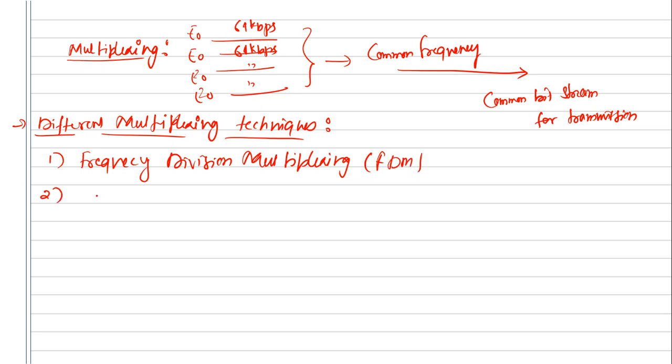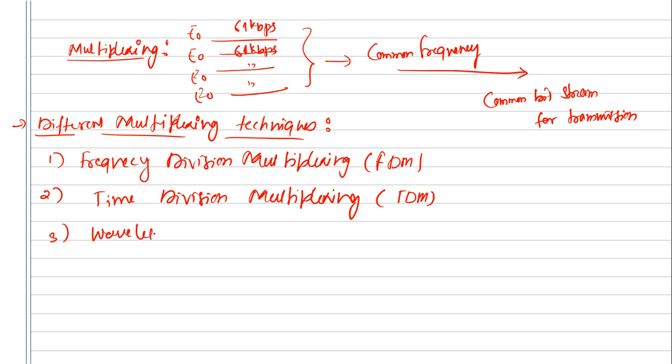The second one is called time division multiplexing, TDM, and then we have something called wavelength division multiplexing, WDM. Let's just know briefly what these three techniques used for multiplexing are.